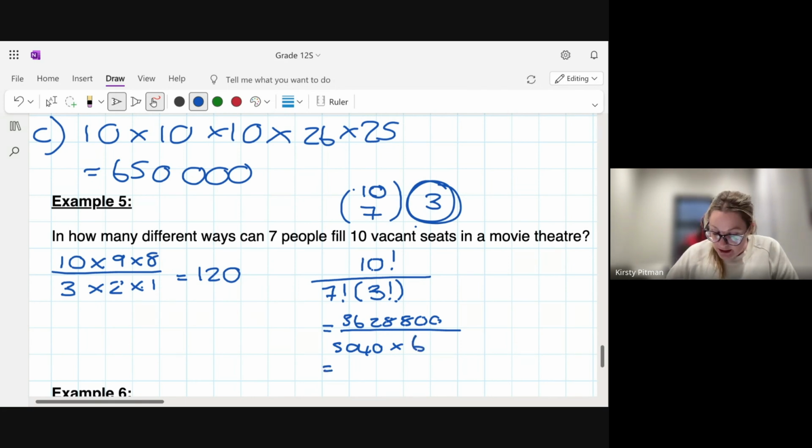Okay, put that in your calculator for me. Put this huge big number. Just going to scribble on my side here, guys. 3,628,800 divided by 30,240 gives me 120.